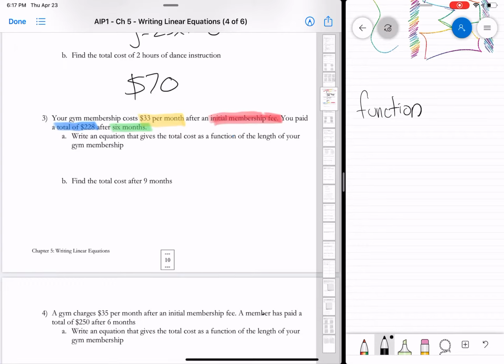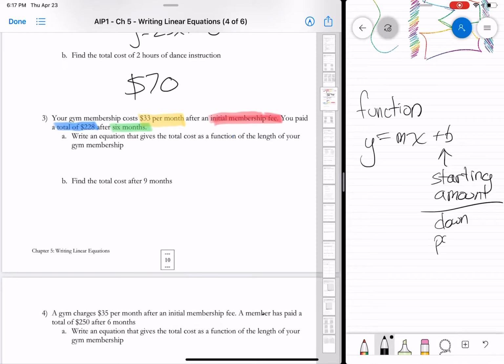And we always have something that's y equals mx plus b, right? This b is usually our starting amount or a down payment. Oop, can't spell here.